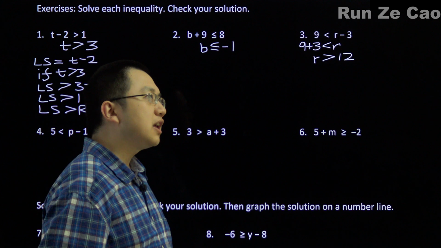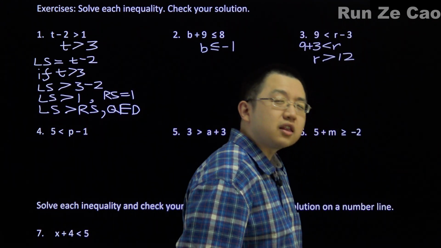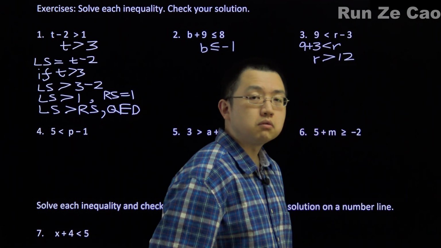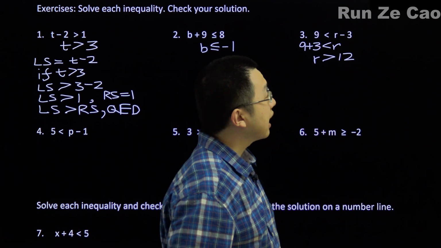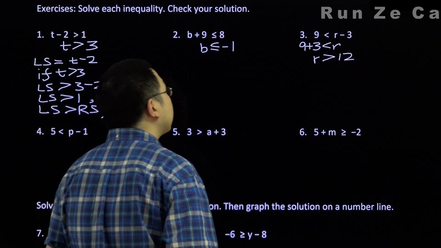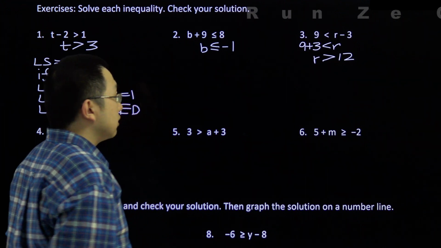Oh, well, that's going to be bigger than 12 minus 3. What's 12 minus 3? Oh, that's 9. Okay, so right side bigger than left side. Well, that's exactly what it's supposed to be. So QED.